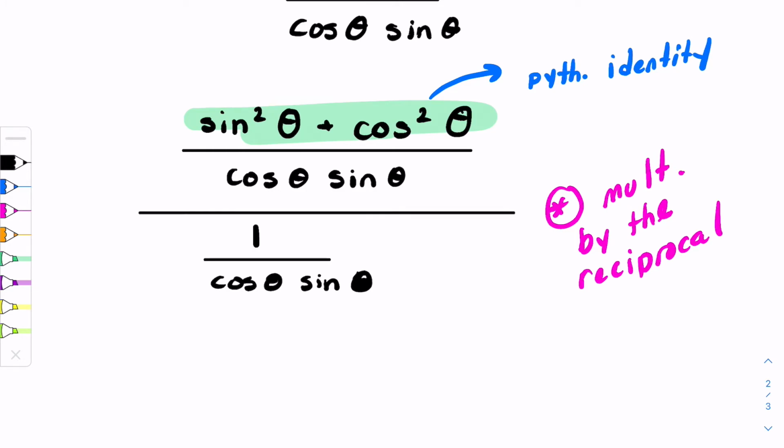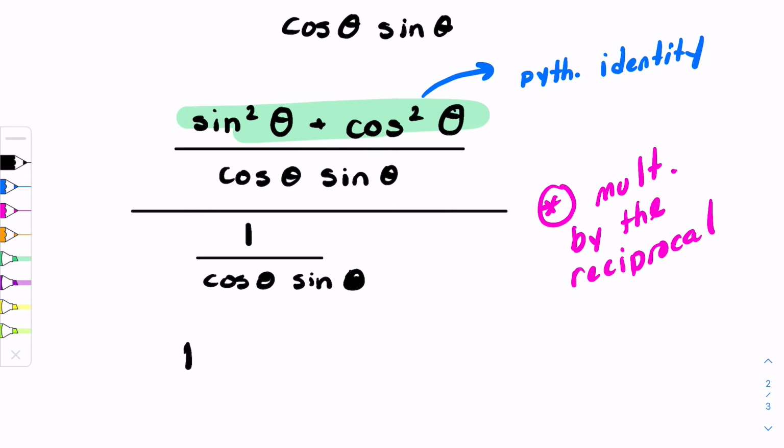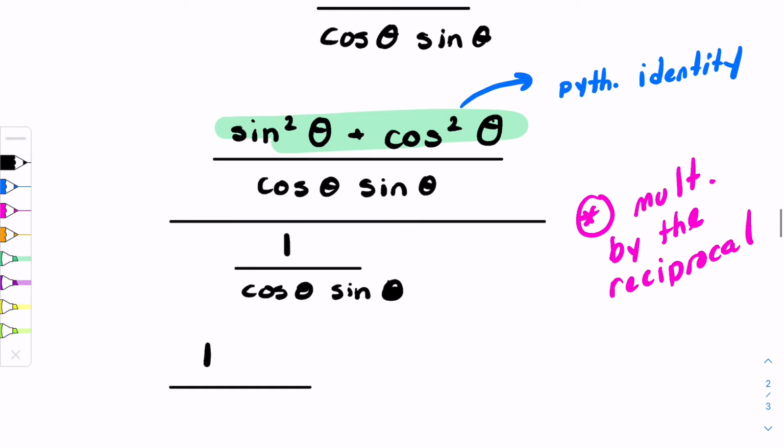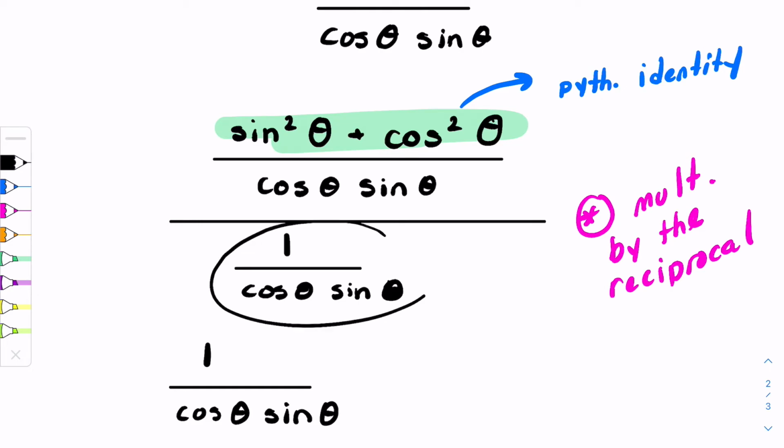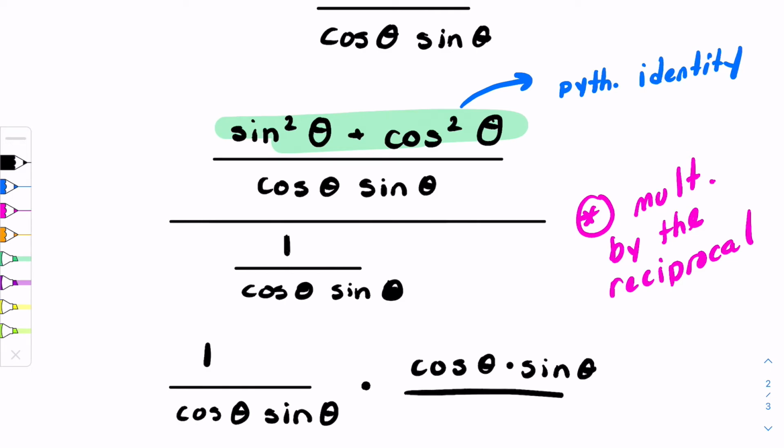So I'm going to create a first fraction as 1, replacing sine squared plus cosine squared. So 1 divided by cosine times sine. And I'm going to flip the second fraction. And this is going to become cosine times sine divided by 1.